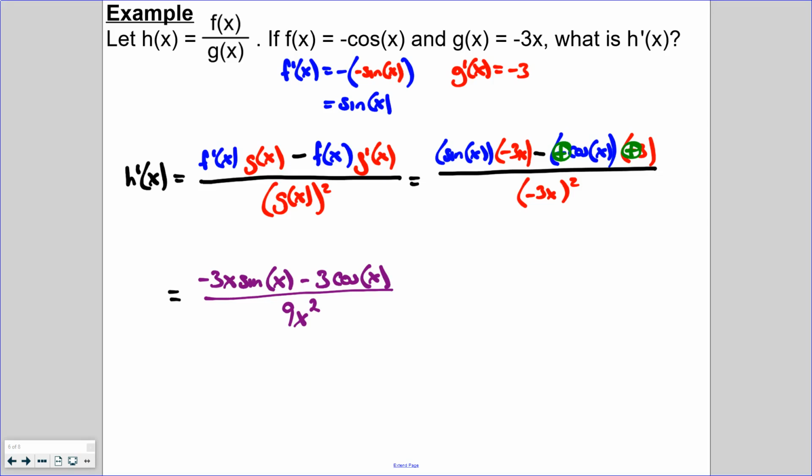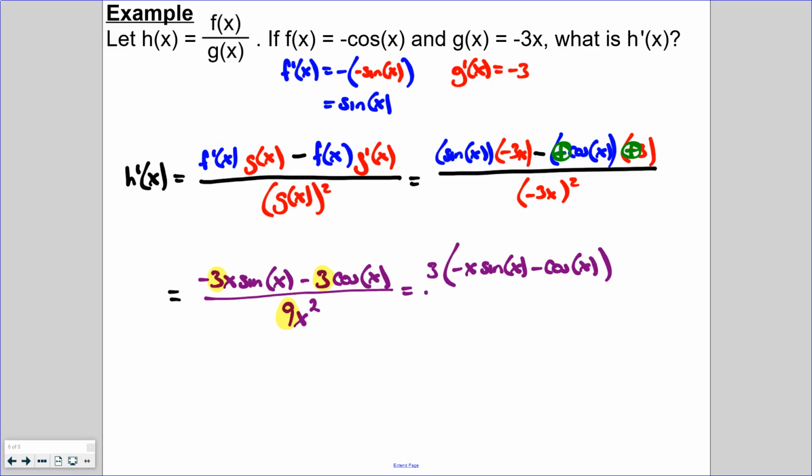Alright, well, we are not done yet because every term has something in common. We can see here that all of our terms have a factor of 3 in them. So I can go ahead and factor 3 out of the numerator, which will leave us with negative x sine of x minus cosine of x.